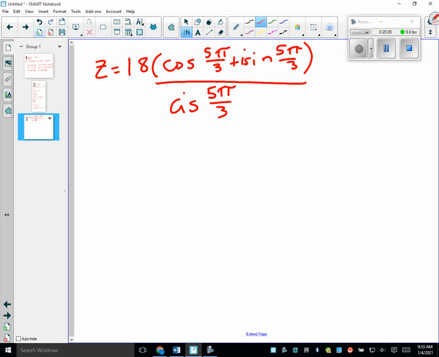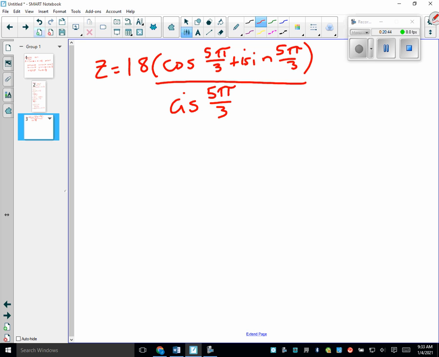All it means, this says cis 5 pi over 3, which means cosine 5 pi over 3 plus I sine 5 pi over 3. Instead of writing out cosine plus I sine, they put CIS. I just don't want you to see it and panic. It's the same thing. You can do it on your work if you don't want to write it all out. Okay?